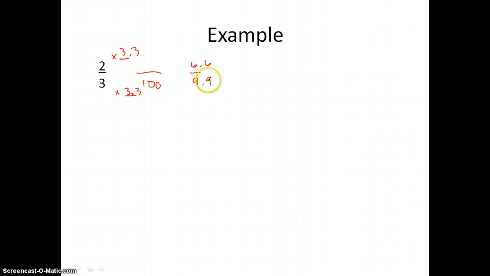Well, it would be 66 and 99. Okay. But we're still not at tenths. We can go to 1,000 and get closer still. We'd end up with 666 and 999.